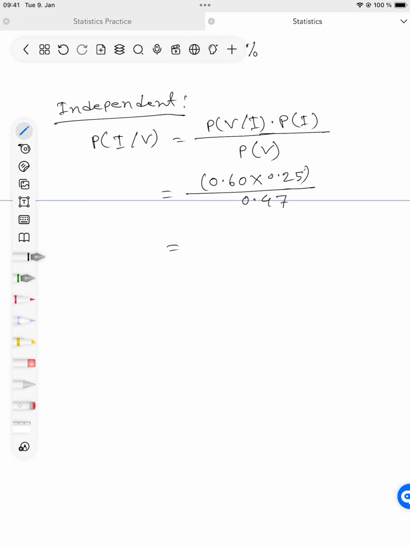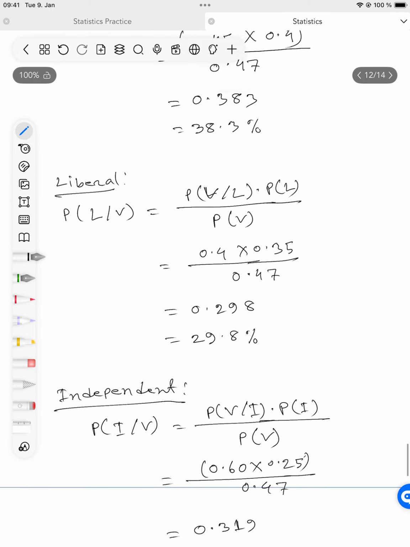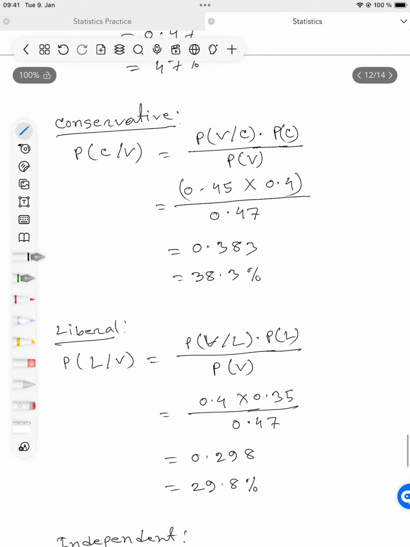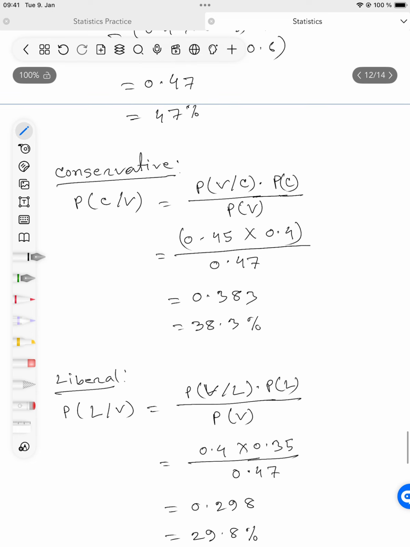It will be 0.319, or 31.9%. So this is the probability for each of these events.